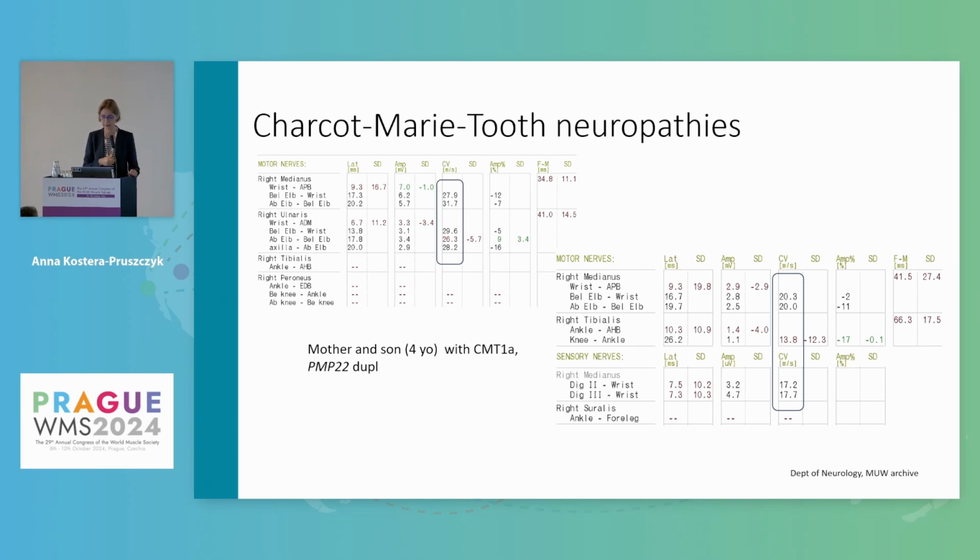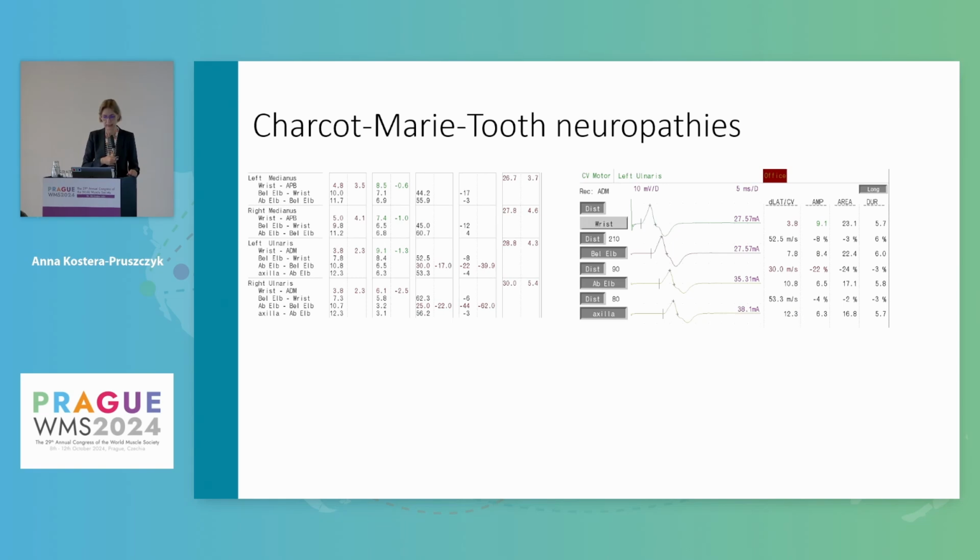It's very similar in upper and lower extremity nerves, and it's quite similar in the case of this family in both generations, being at least 25 years apart. Does it mean that every young child that comes with the myelin-mediated neuropathy does have CMT1A? Of course, there can be some statistics to it.